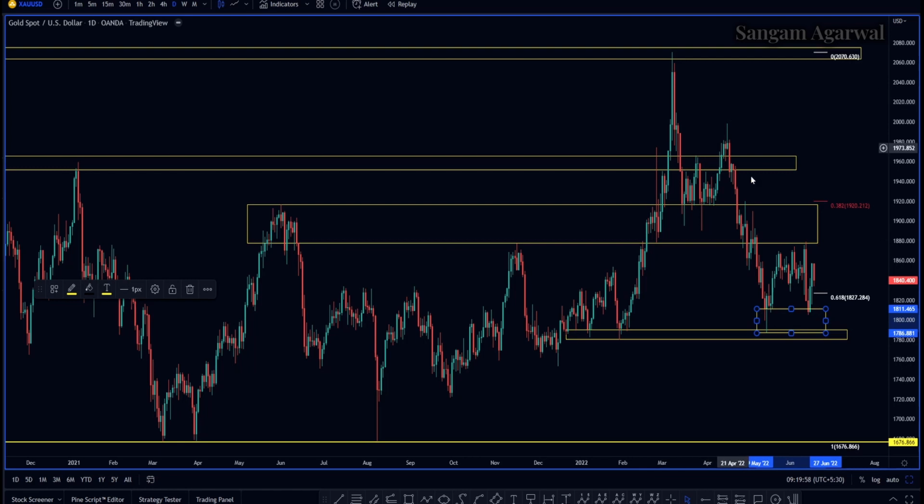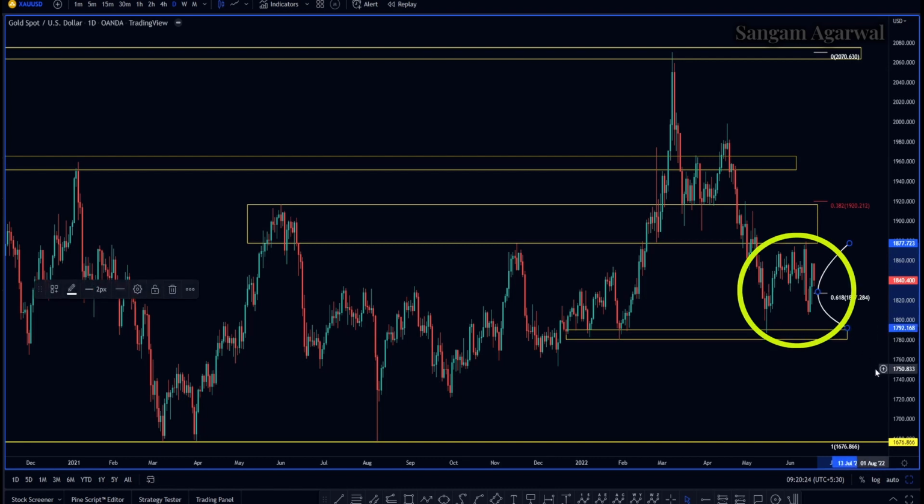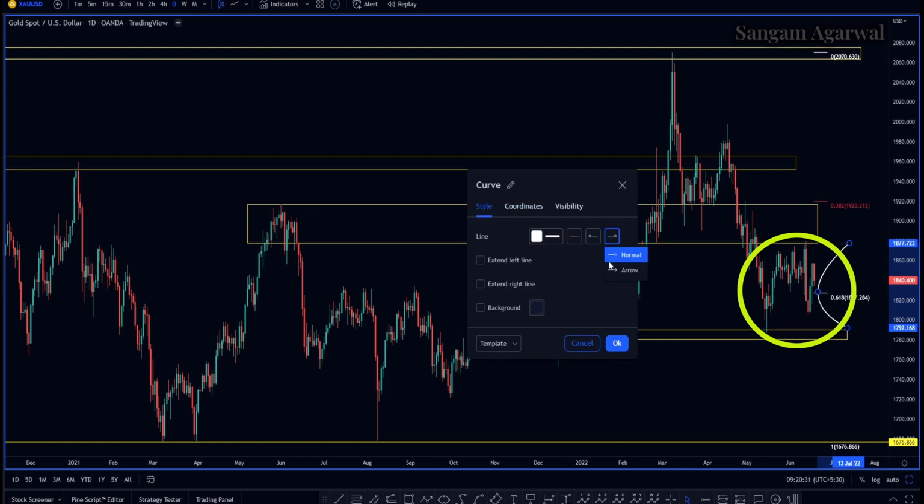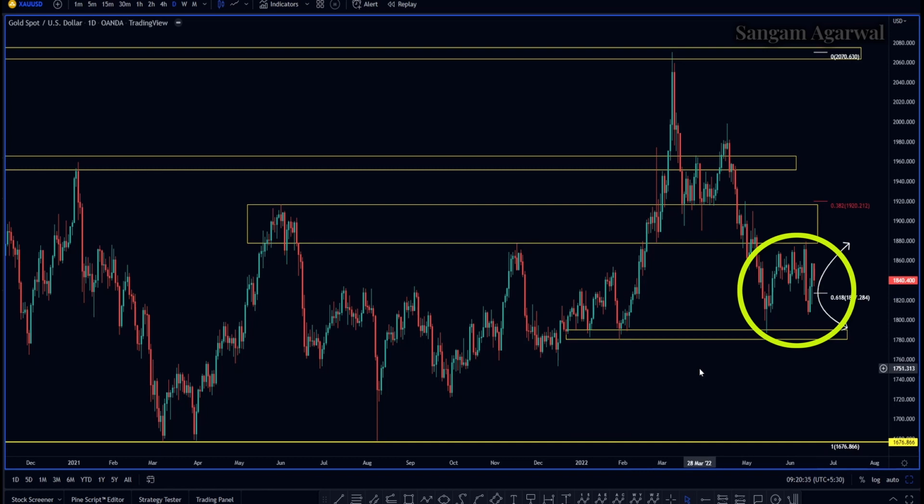First when it collapsed from 2000, and second time before FOMC. So this is a sideways range and it has to go in any direction, either upside or downside. Until this range breaks, there is no trend.